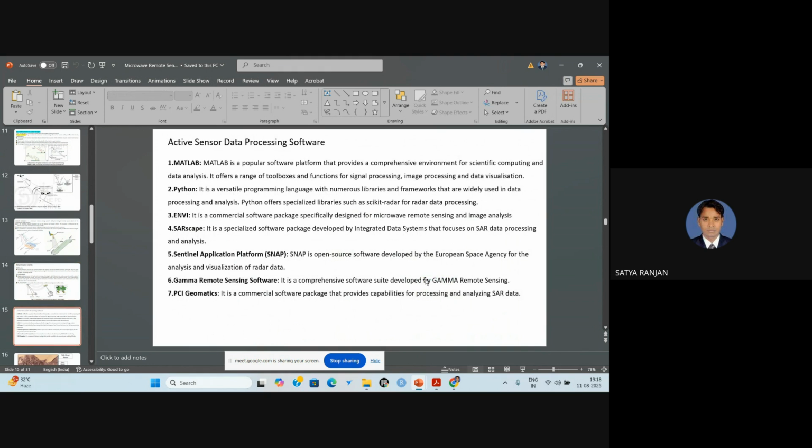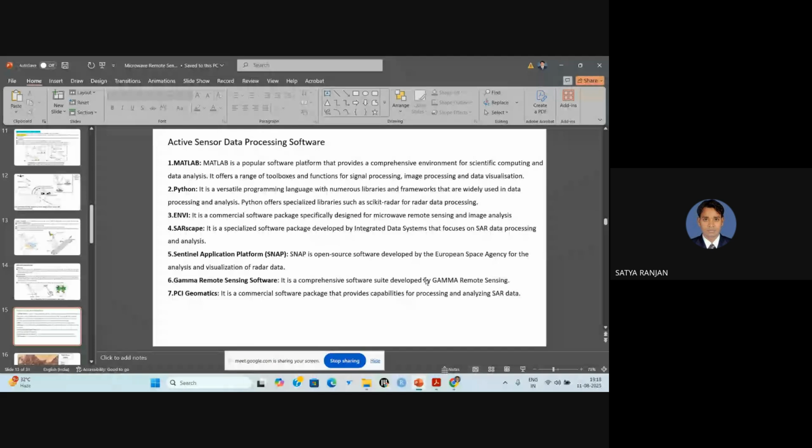Then active sensor data processing software is there, like ArcGIS and QGIS; different analysis software is available. These satellites have larger data memory because backscatter information is there. Suppose a particular 1 kilometer by 1 kilometer area in an optical sensor is 5 GB.